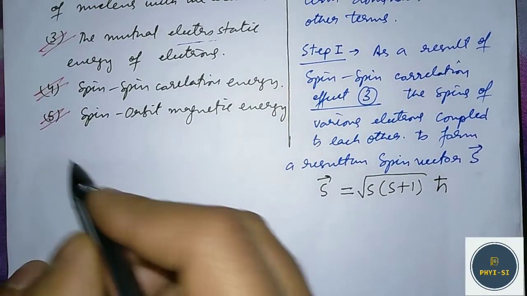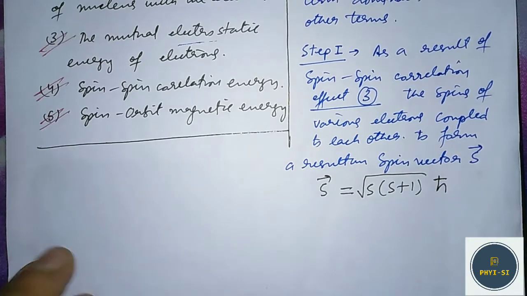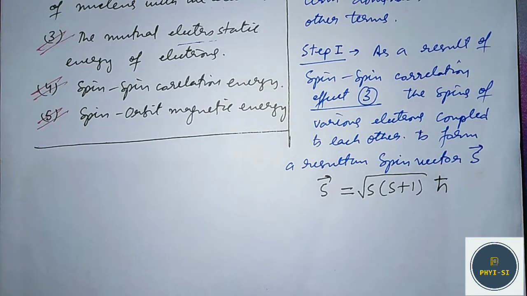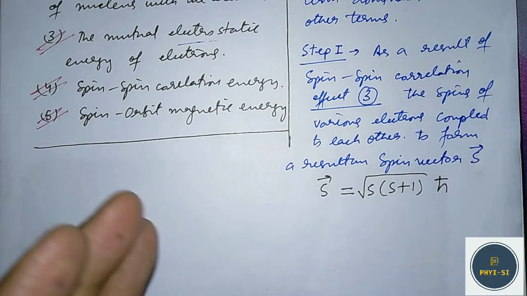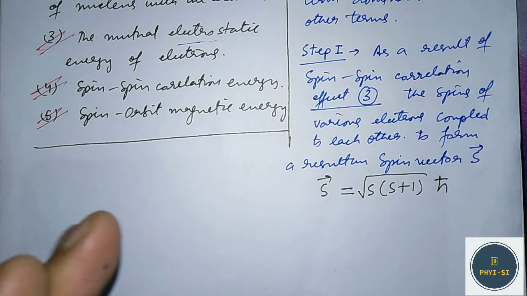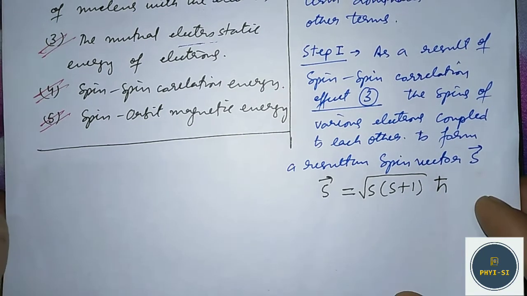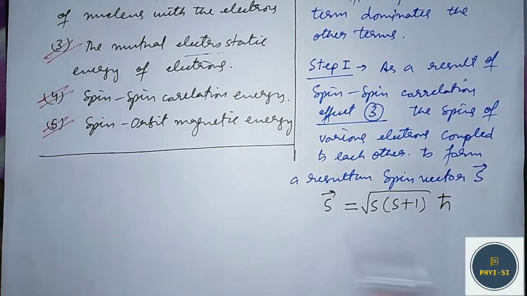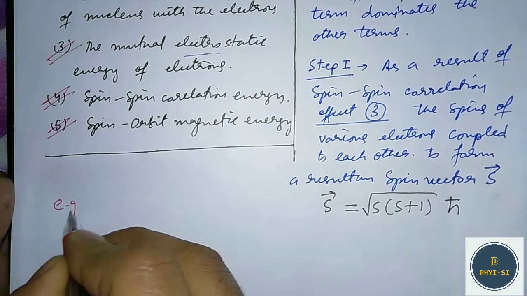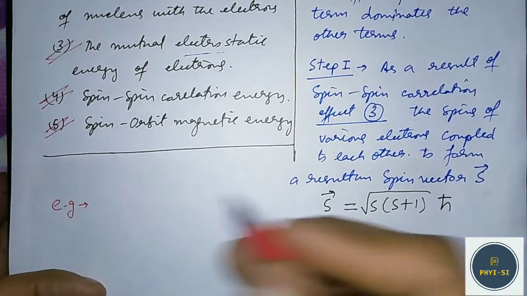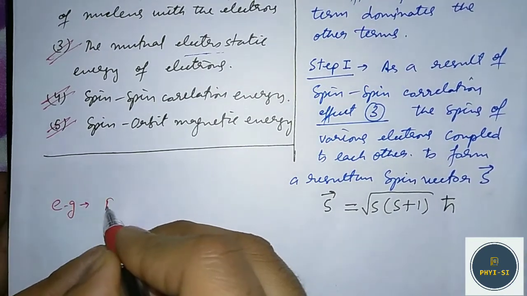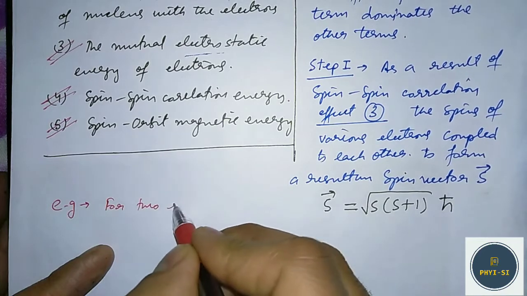This is step 1. Now how these add up, we can take an example. Suppose we have two electrons.